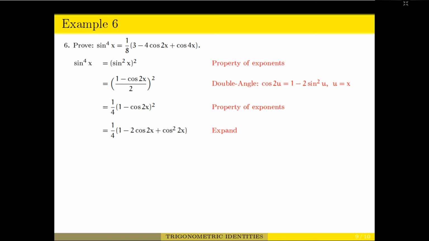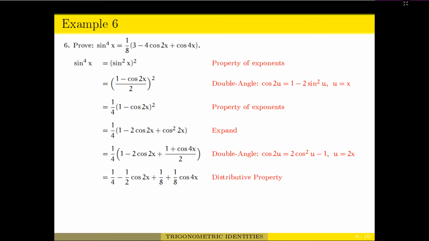Now, applying again the double angle identity for cosine squared 2x, that will be giving us 1/4 times quantity 1 minus 2 cosine 2x plus 1 plus cosine 4x all over 2. Applying the distributive property, we will distribute 1/4.